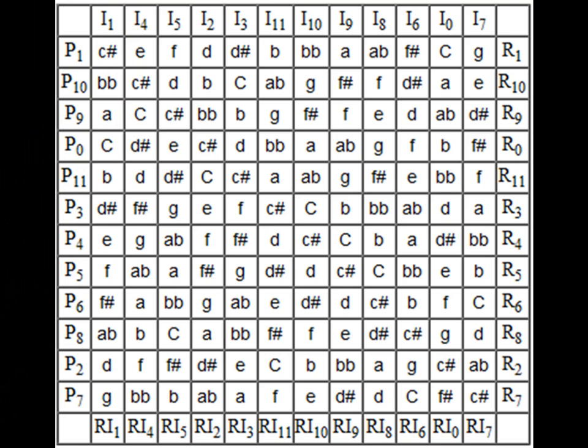So looking back at the matrix that we constructed with all these inversions and retrogrades and retrograde inversions, the first two forms of the row that Webern uses are P11, towards the middle of the table there, B, D, D sharp, C, etc., and I1, which is the one going down the far left-hand column.